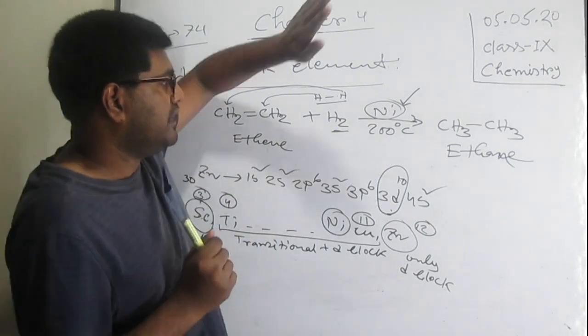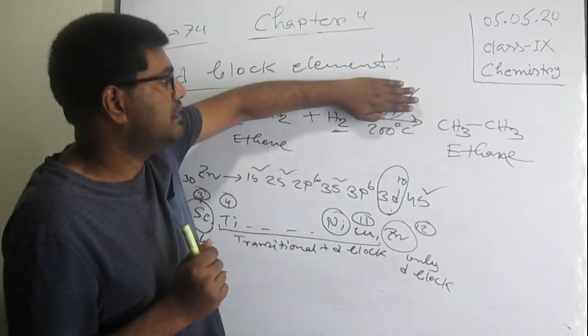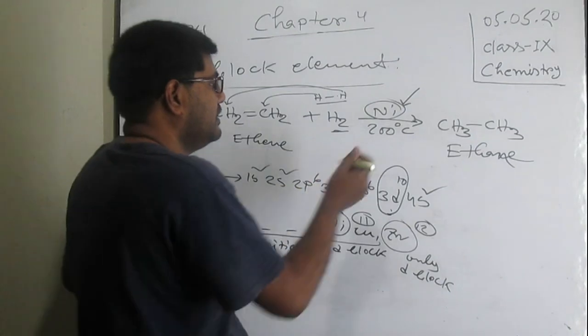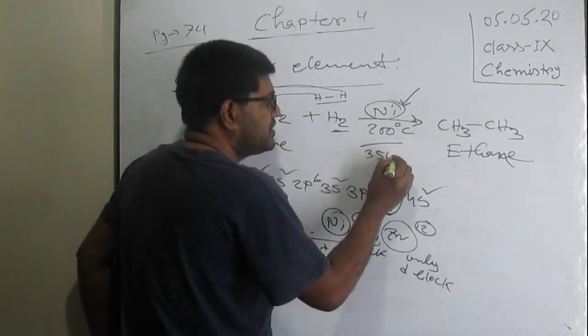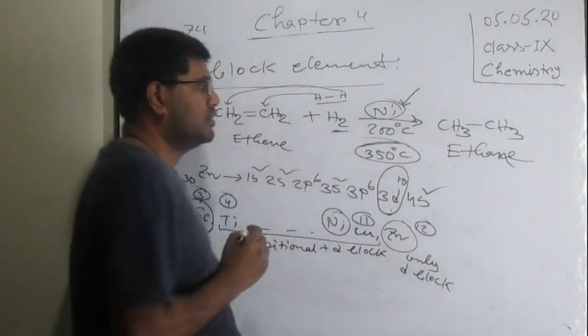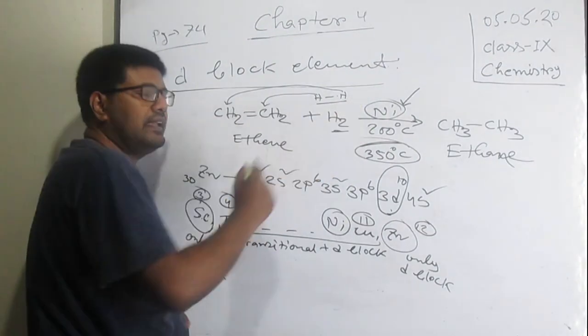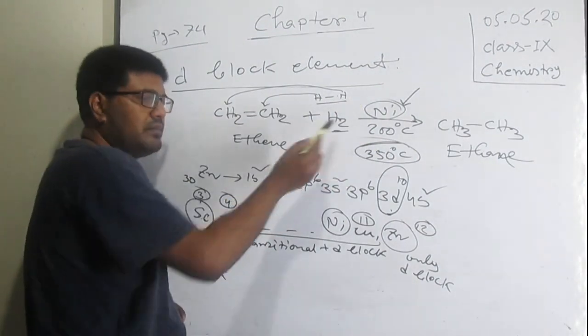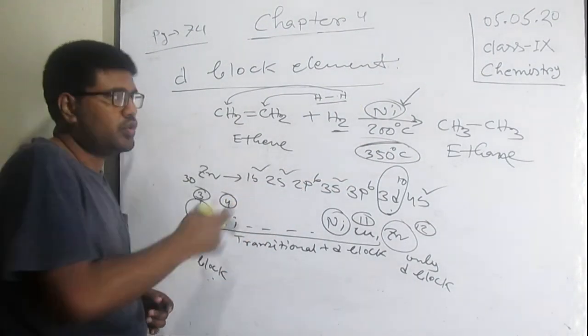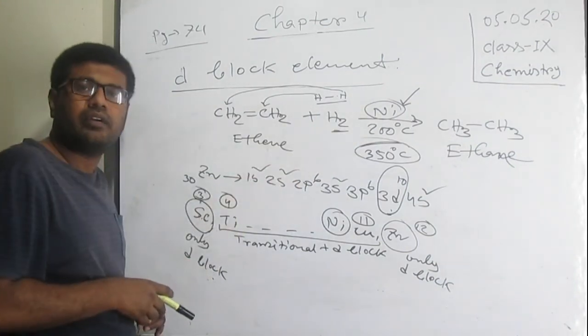Suppose if I do not give this nickel here, the reaction temperature will be 350 degrees Celsius. So by applying a catalyst, the temperature may be reduced. So it is a helping hand in our reactions.